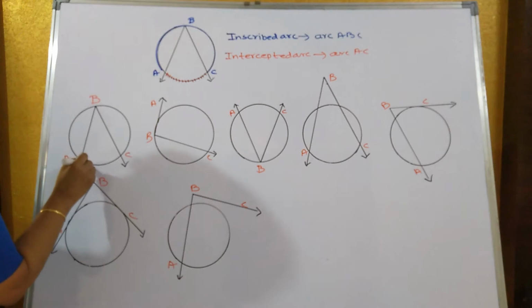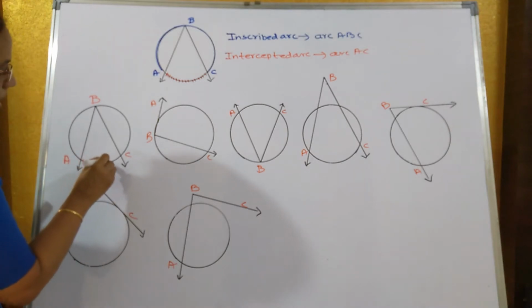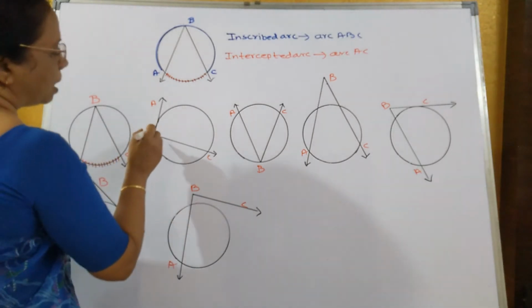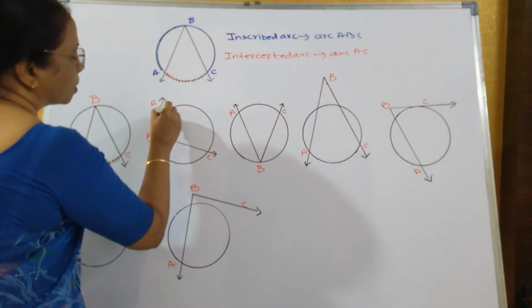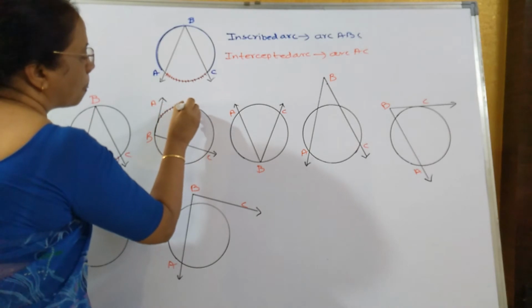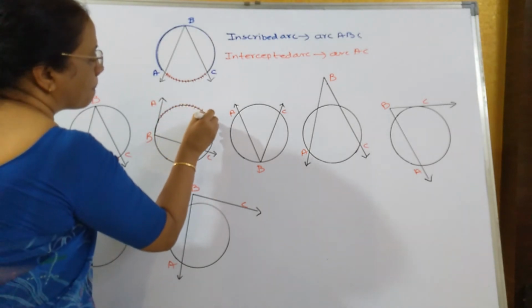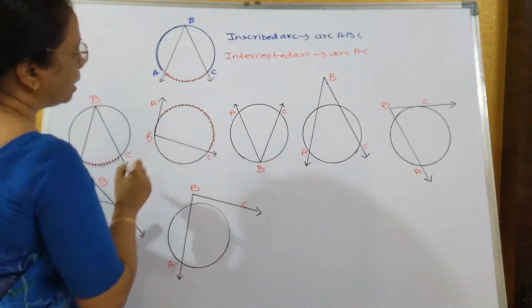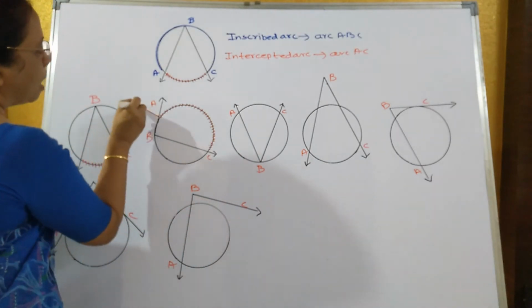So this is the intercepted arc, that is arc AC. Over here, which one is the intercepted arc? From here till here is the intercepted arc, and here one arm is touching the circle.